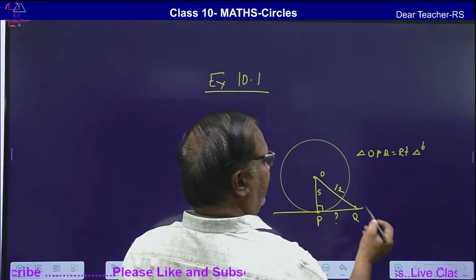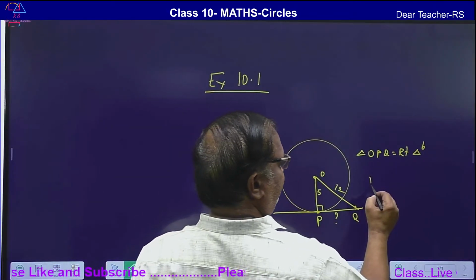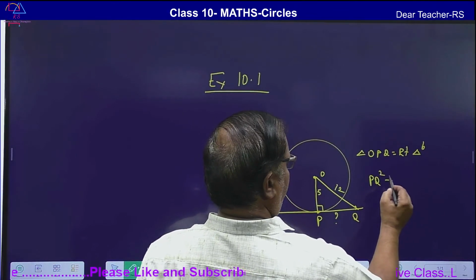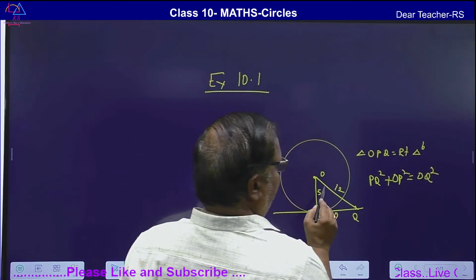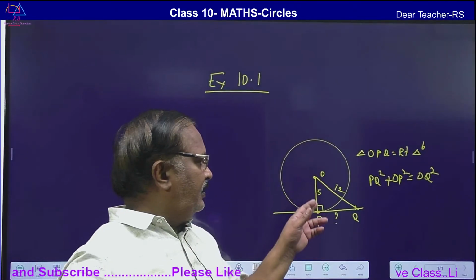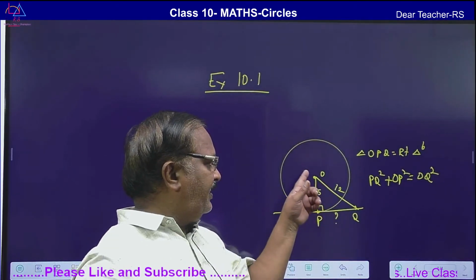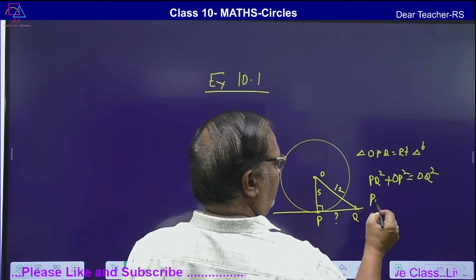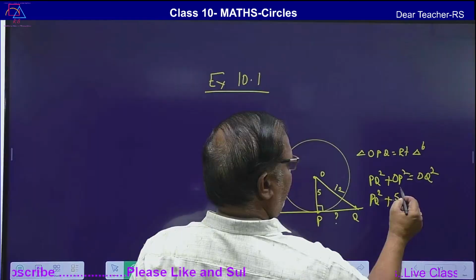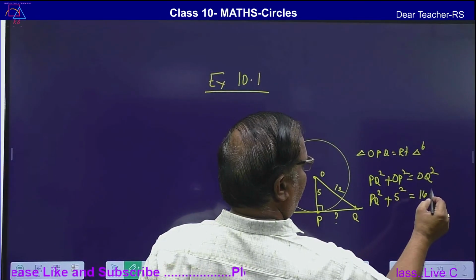So you can apply the Pythagoras theorem. PQ square plus OP square is equal to OQ square. The side opposite to 90 degrees is the hypotenuse, so OQ is the hypotenuse. PQ we do not know. PQ square plus 5 square is equal to 12 square, 144.